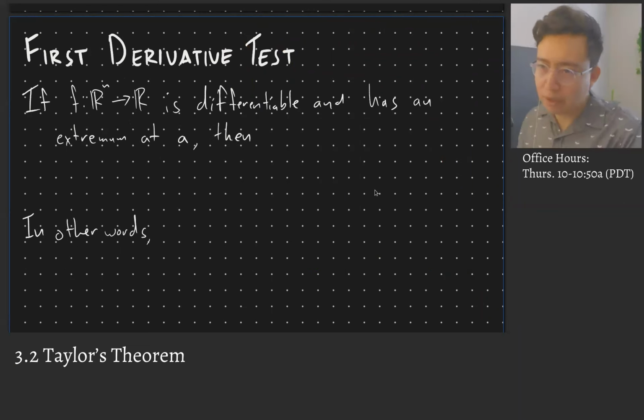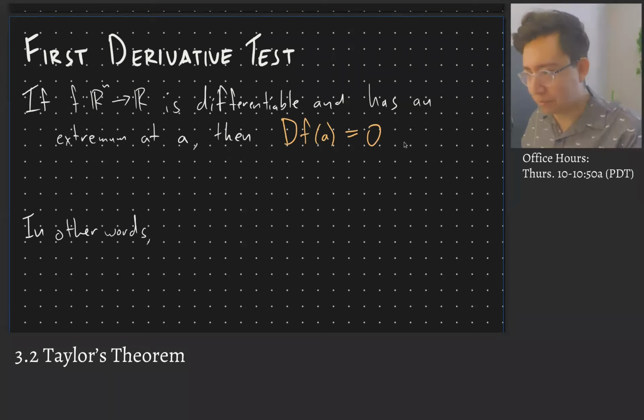So let's look at the first derivative test. You have a differentiable function, and you know it has an extremum at a. Then you can conclude that the derivative, I shouldn't say the derivative, the total derivative of f at a is equal to 0.